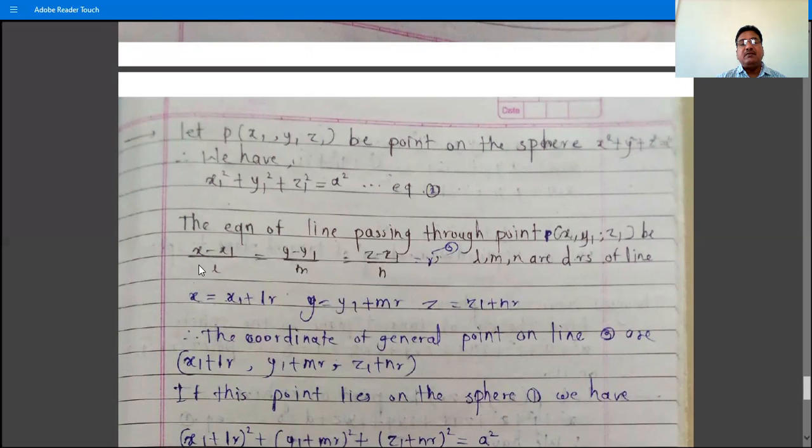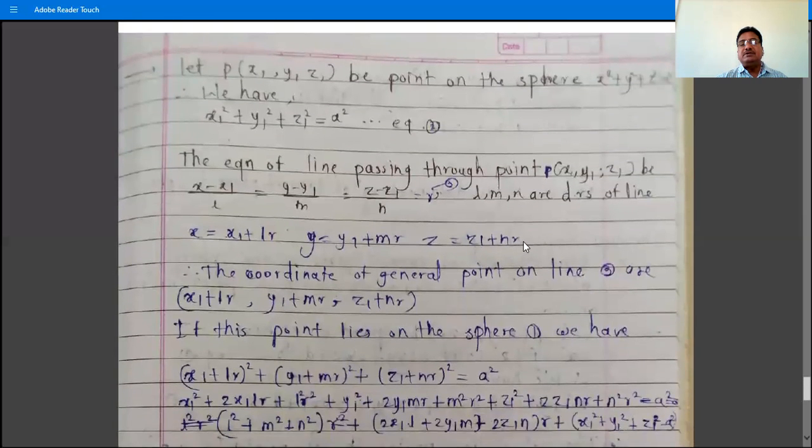Then x is x1 plus lr, y is y1 plus mr, by comparing (y minus y1) by m is equal to r. Comparing (z minus z1) by n is equal to r, we have z is equal to z1 plus nr. Therefore, the coordinates of a general point on this line, in terms of r, are (x1 plus lr, y1 plus mr, z1 plus nr).